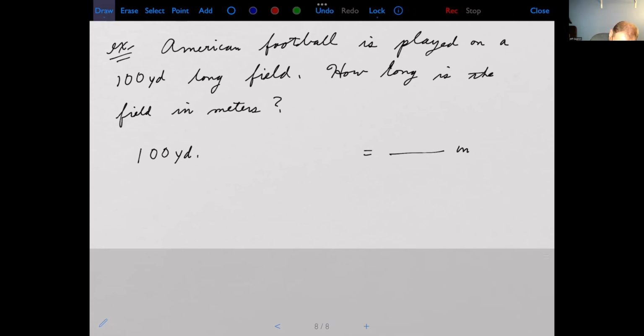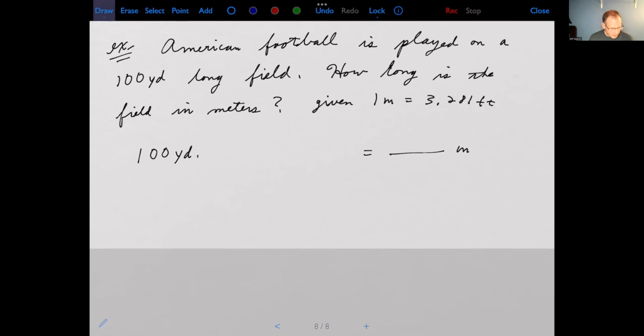Let's say we're given the fact that 1 meter is equal to 3.281 feet. We could have actually done this using multiple unit conversion factors, but this will make it a little easier. In this case, we'll only need 2 unit conversion factors.